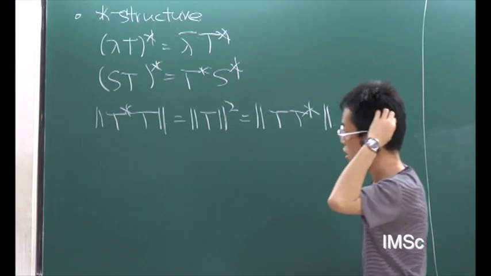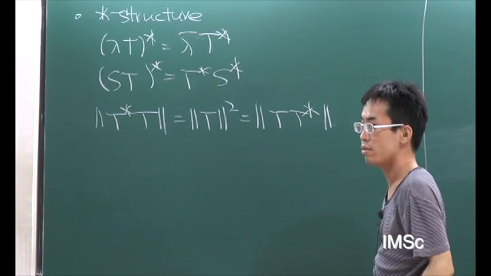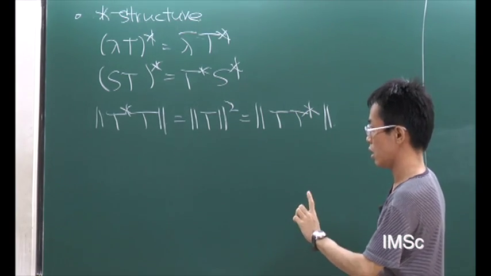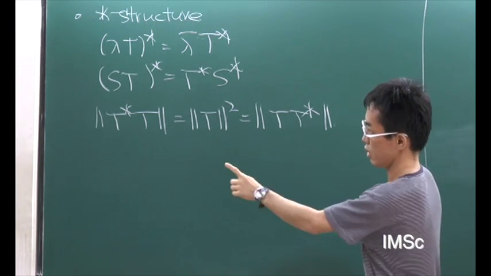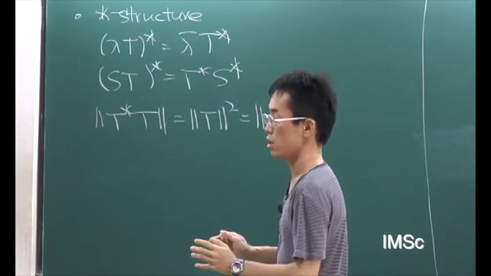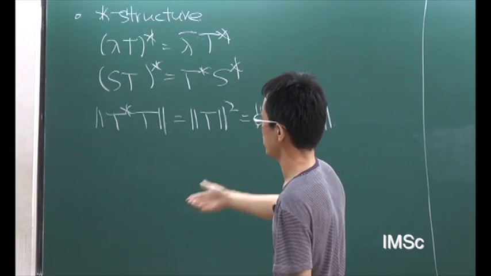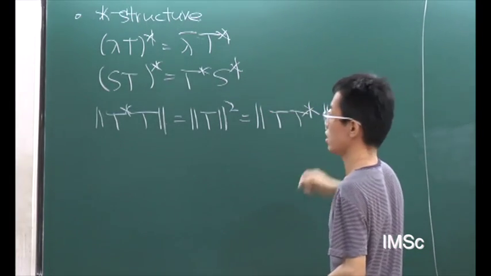So this is the C-star condition. And then once you have these structures, for example, the endomorphism ring of any object, when X and Y are equal, that's a C-star algebra, because you have Banach norm and star structure satisfying the C-star identity.